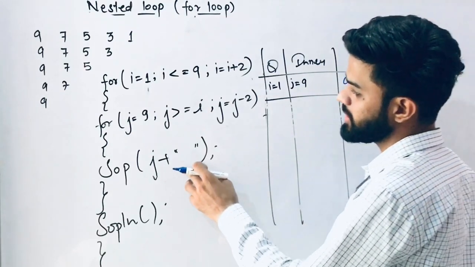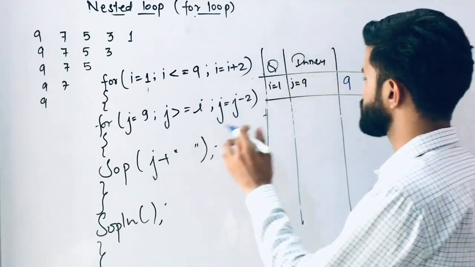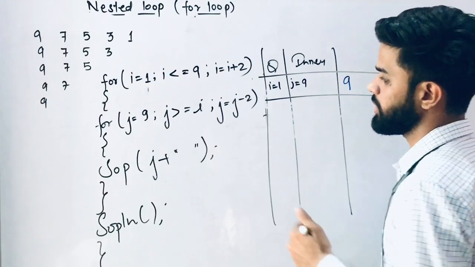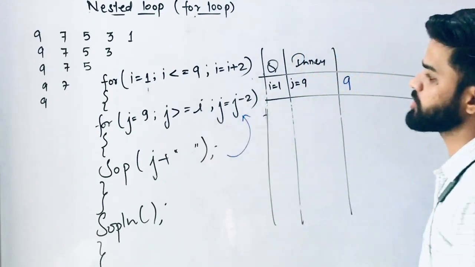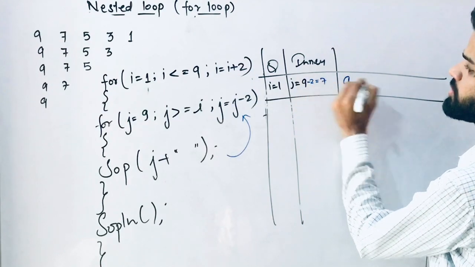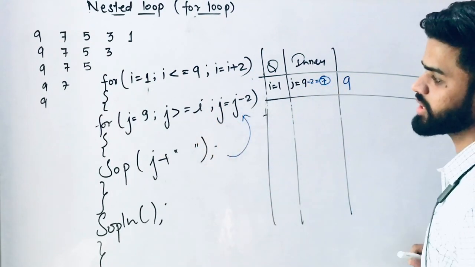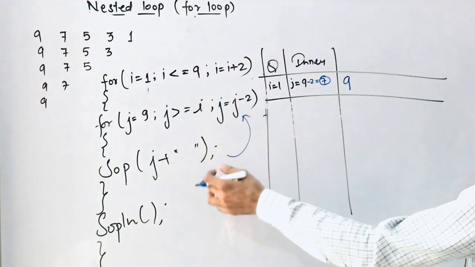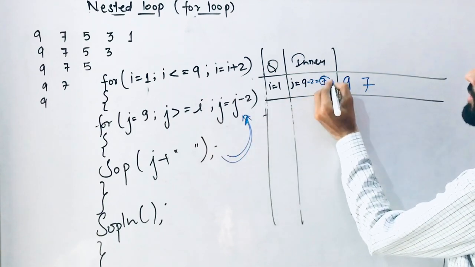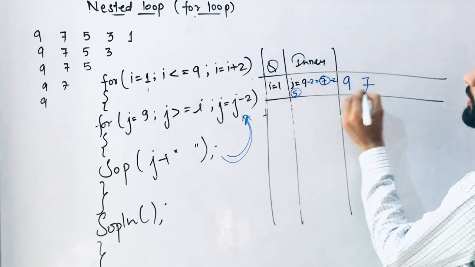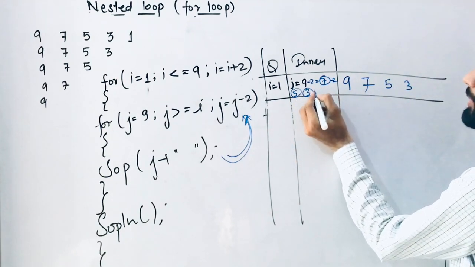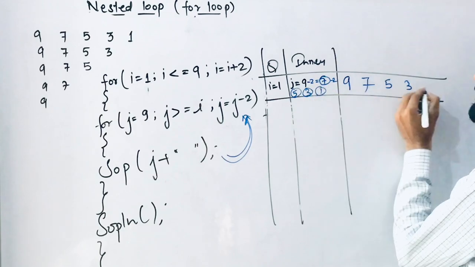Now after printing j, it wants some space, so it prints one space, and then comes j equals j minus 2. So j minus 2 means 9 minus 2, which is equal to 7. Now 7 is greater than or equal to 1, the condition is true, and it prints 7 again. Then 7 minus 2 is equal to 5, print 5, then 3 because of minus 2, and because of minus 2 it is 1, print 1.